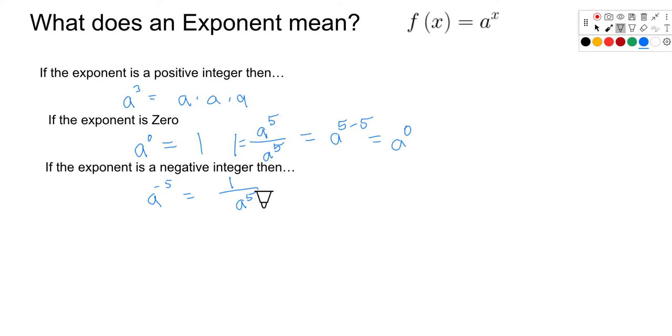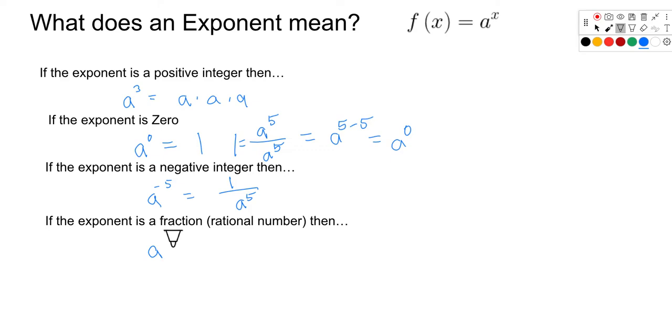But there's other kinds of numbers out there too, right? Not just integers. What's another kind of number that's not an integer? Rationals, fractions. Fractions are rational numbers. So what does it mean when we have an exponent that's a rational? This is maybe a little harder to understand.